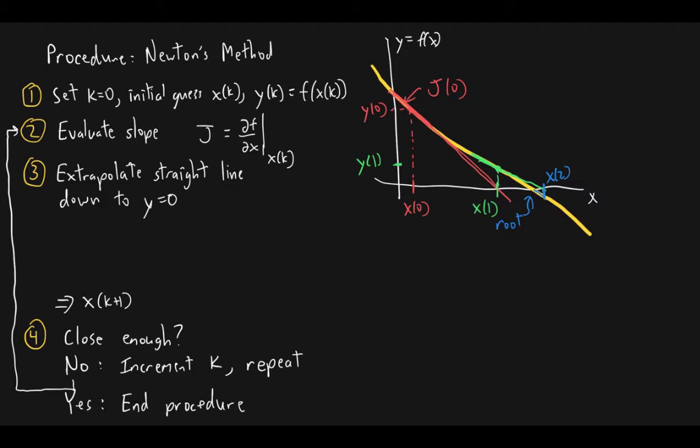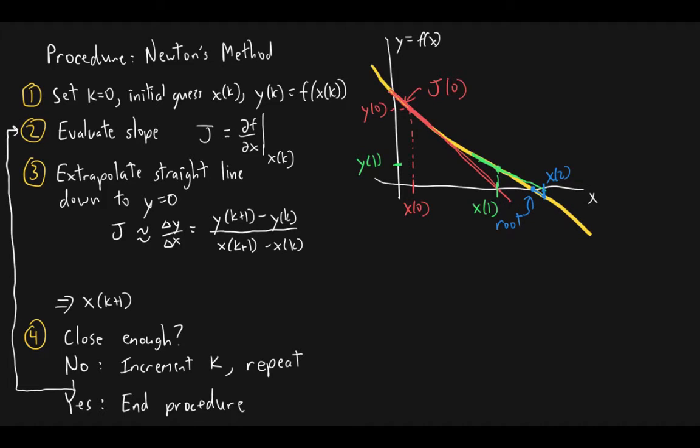I've left off some details of how the extrapolation is performed, so let's take a closer look at j. The slope is being used for a straight line, delta y over delta x, where delta y is y of k plus 1, the next candidate location for y, minus y of k. That quantity is divided by x of k plus 1 minus x of k.